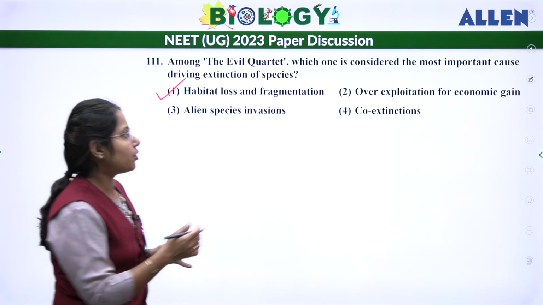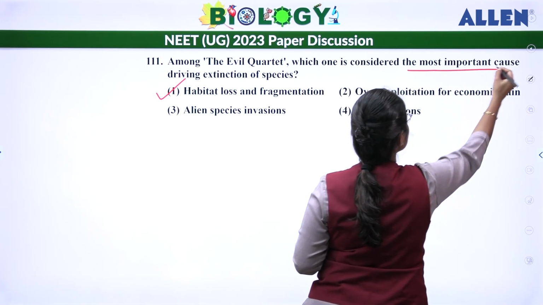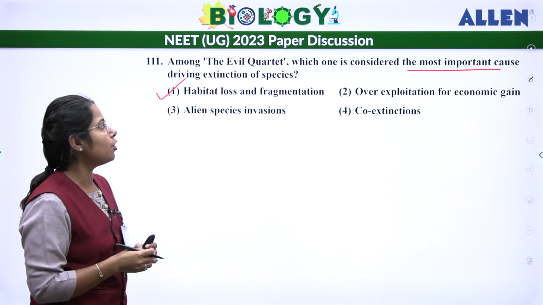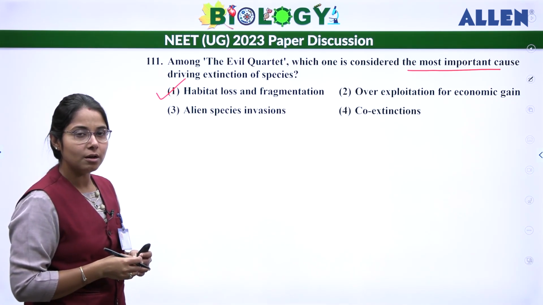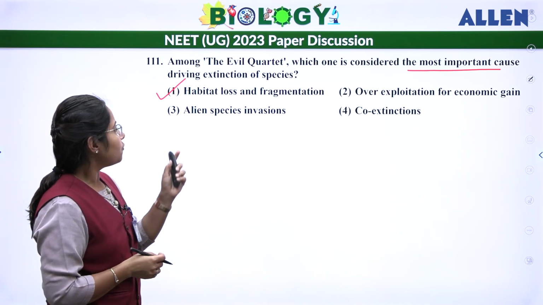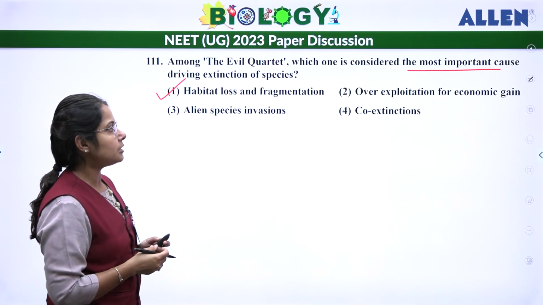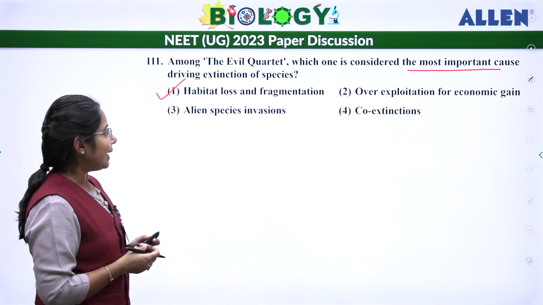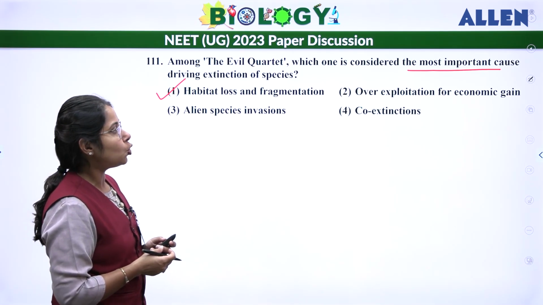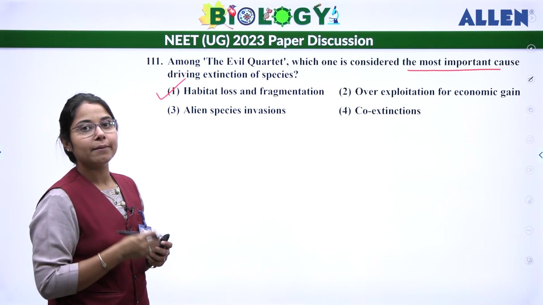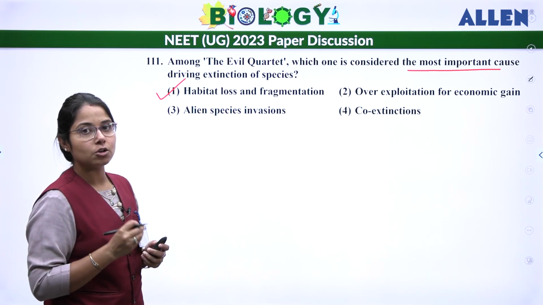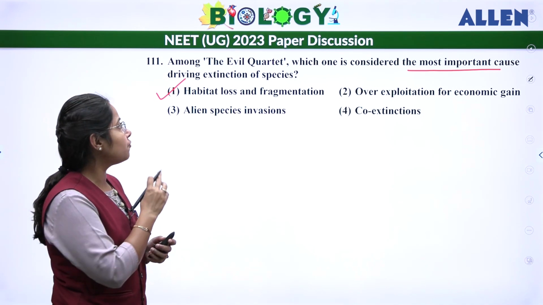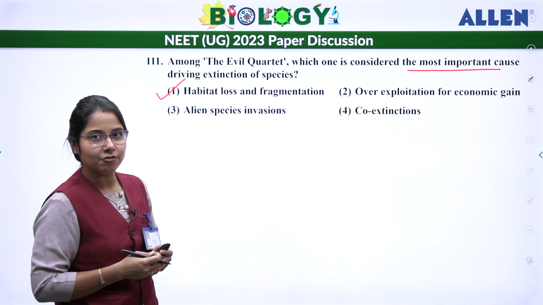So here the key is most important, and the most important is habitat loss as well as fragmentation. First option, habitat loss and fragmentation. Second, over exploitation for economic gain. Third, alien species invasions, and the fourth, co-extinctions. So the most important evil quartet member will be the first, habitat loss and fragmentation.